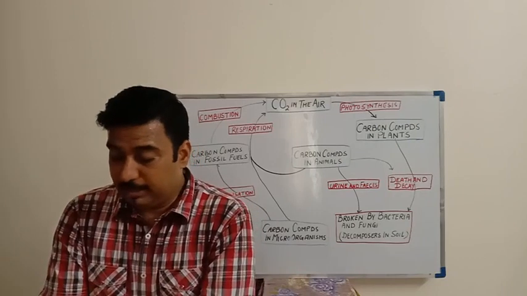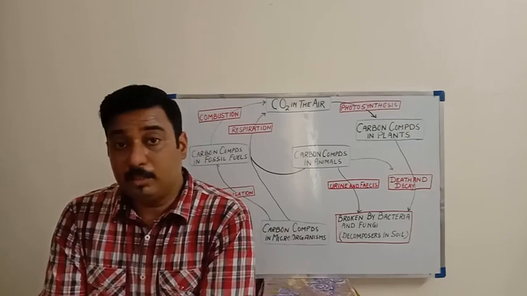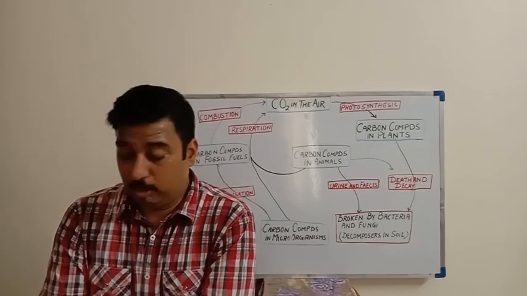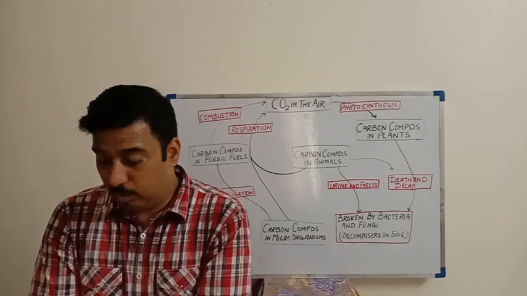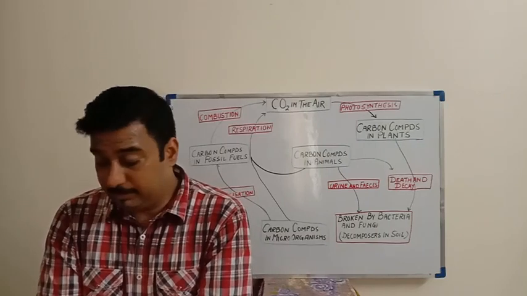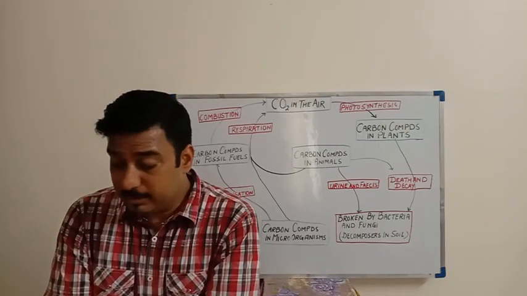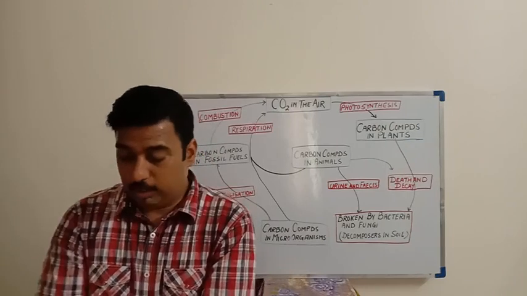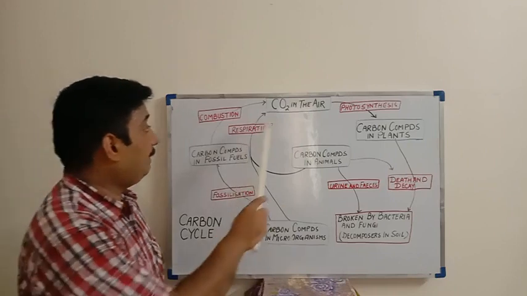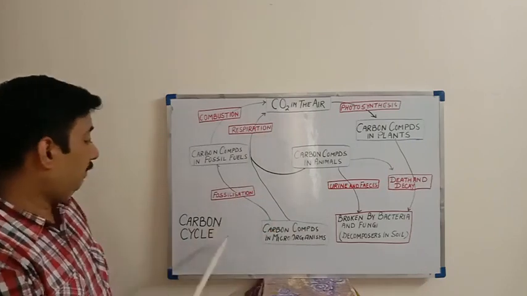All these fuels originally come from living organisms itself. Then, upon heating and burning of limestone in lime kilns, that also releases a certain amount of carbon dioxide. So this was all about the various steps that take place in the process of the carbon cycle.